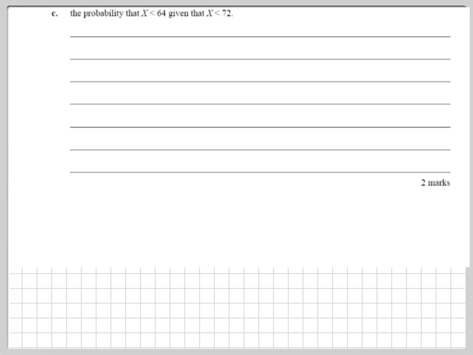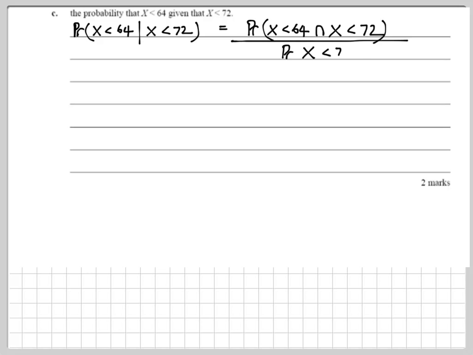Okay, now what's this? The probability that x is less than 64 given that x is less than 72. Well, that's just a straight conditional probability question, guys. So the probability that x is less than 64 given that it's less than 72 is equal to the probability of both, over the probability that x is less than 72.